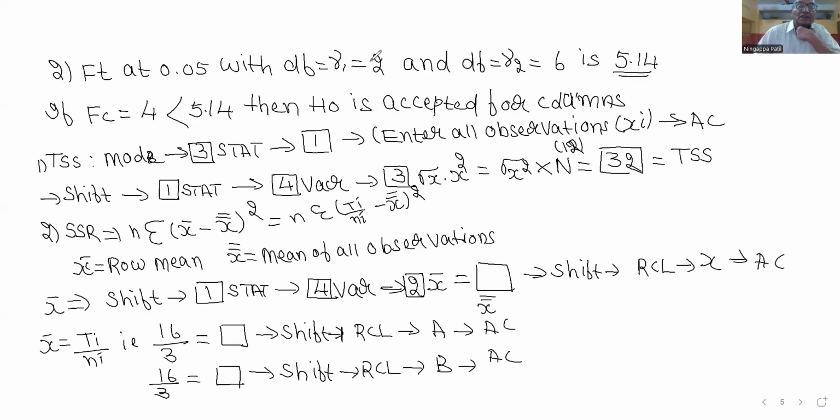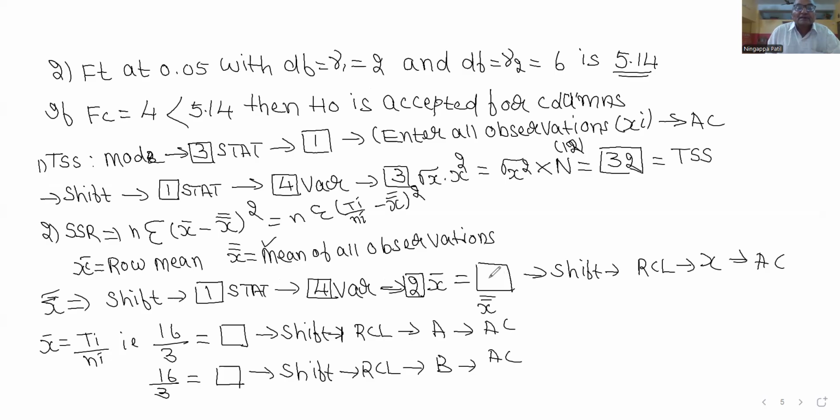And x double bar is the mean of total observations. Total observations I already entered in the calculator, and from that you can get x double bar. First you find x bar, then x double bar. How to find it? Shift 1 stat button and 4th variance button. Then 2, that is the x bar button, equal to.